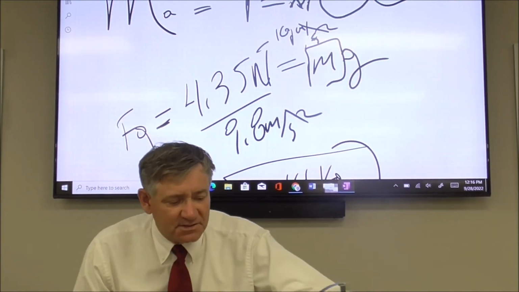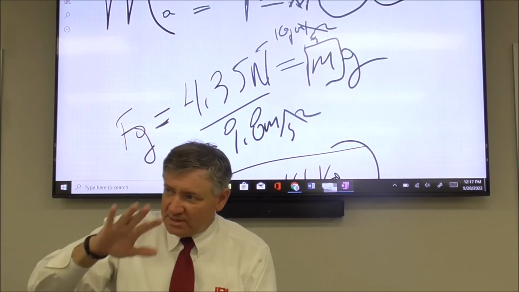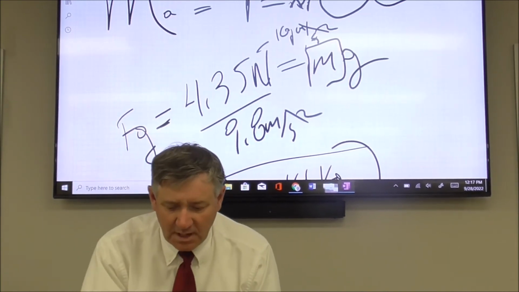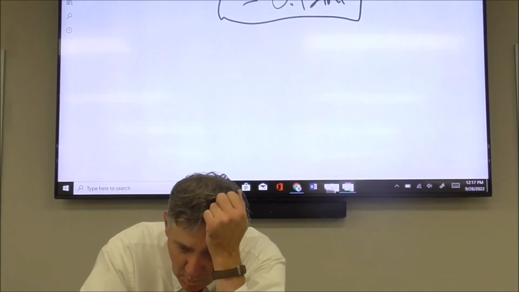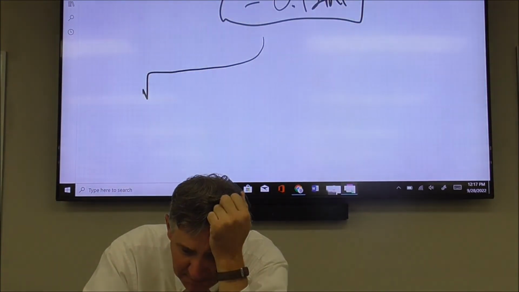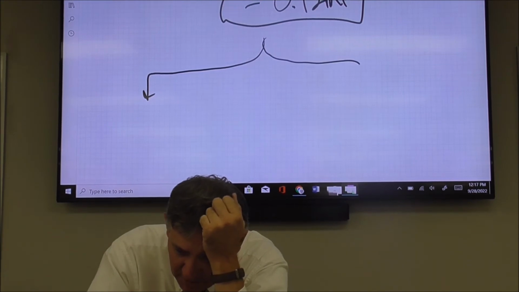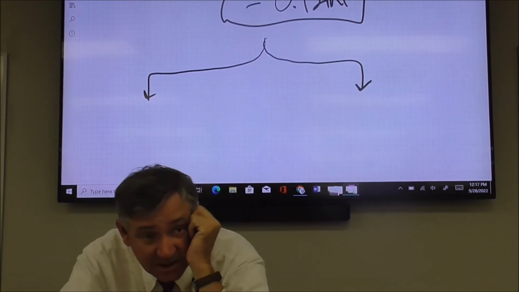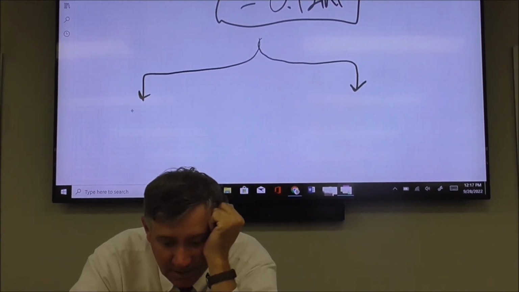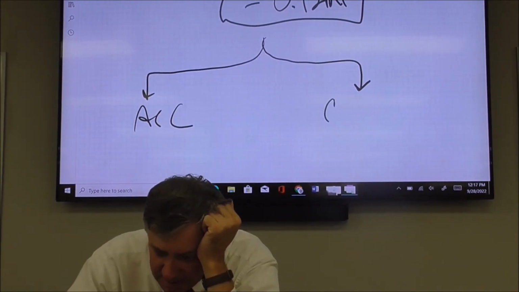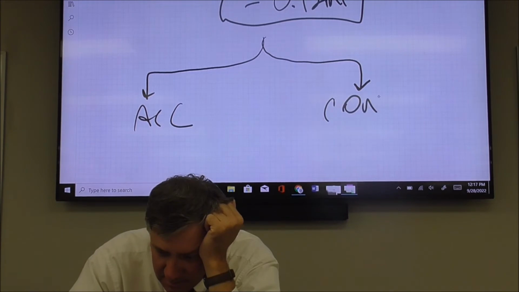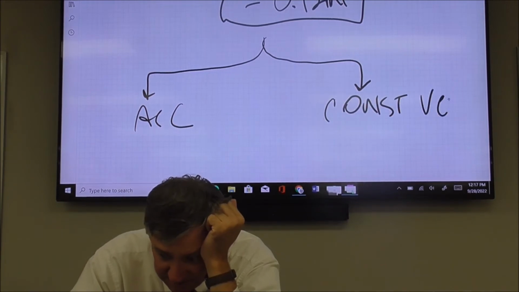Okay, so as you go through these problems on this assignment, I want you to keep a couple of things in mind. One, every problem can only go one of two ways. What are the only two ways it can go? Acceleration or none. Either you're accelerating or you're at constant velocity, sorry, I'm reading the wrong graph.